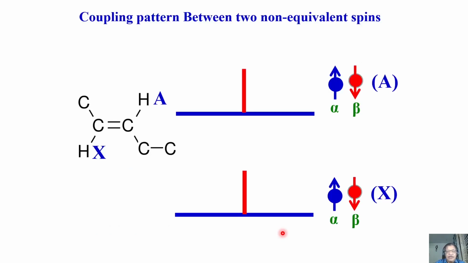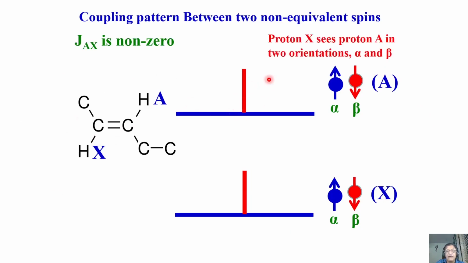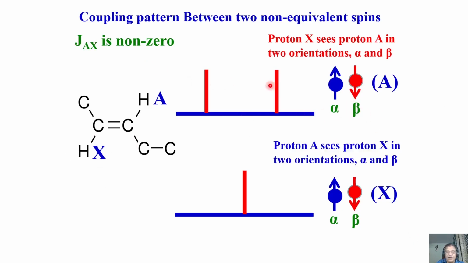I showed in the last class the coupling pattern between two non-equivalent spins. I took the example of a hypothetical molecule like this. This I call proton A, this I call proton X. Now, I am looking at the proton X. The proton X sees proton A in two possible spin states, that is, two orientations of A, alpha and beta, and splits into a doublet.